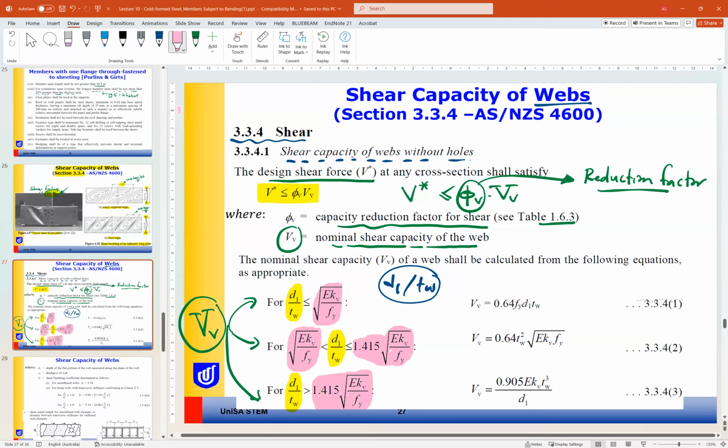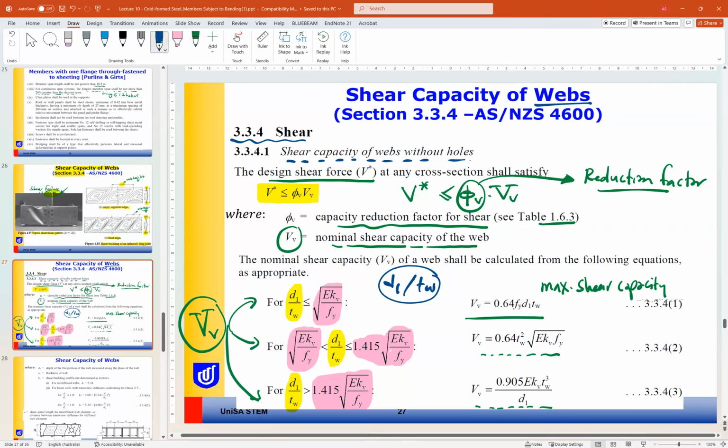If D1 over TW is less than the first value, we use this case, which gives the maximum shear capacity. This is the formula if it is between the two values, and this one if it is more than the limit of 1.45 times the root.